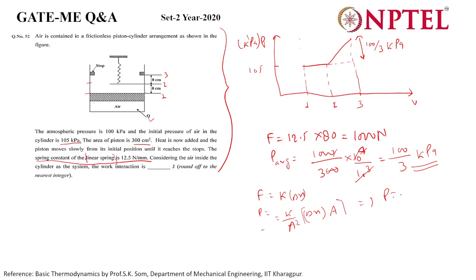So P is k by a square into V. So if we plot the PV curve, the slope would be k by a square, right? But sir, don't mug up those formulas, otherwise some points would commit mistakes.